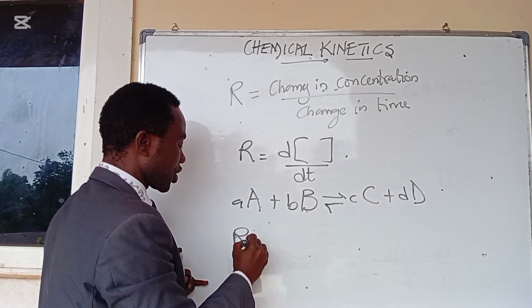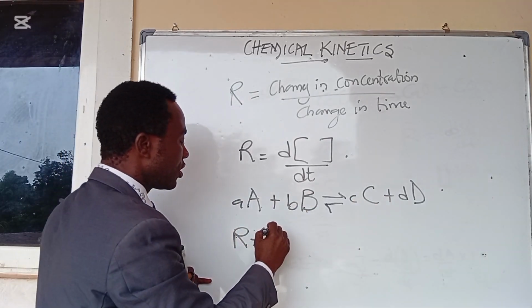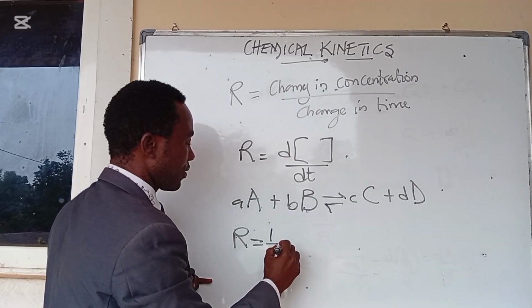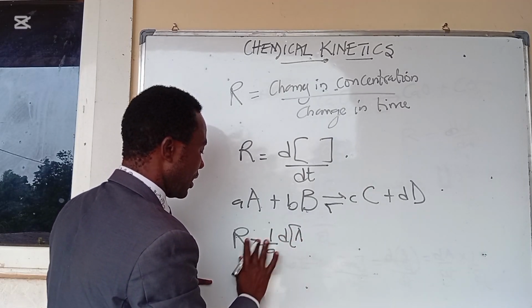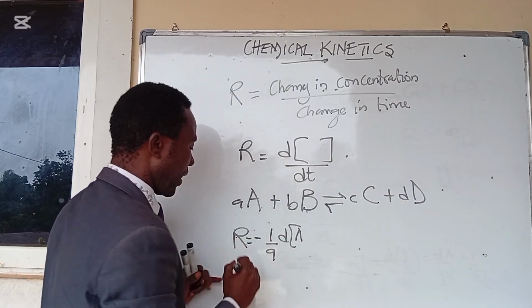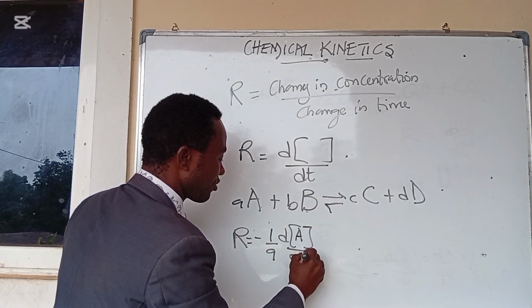The rate of the reaction for this reaction here will be equal to minus 1 over a, change in concentration of A over change in time.